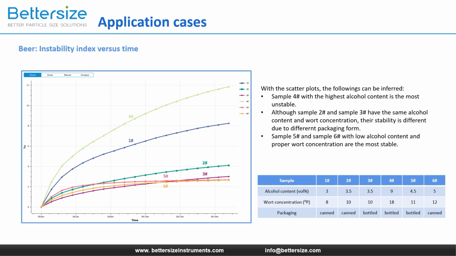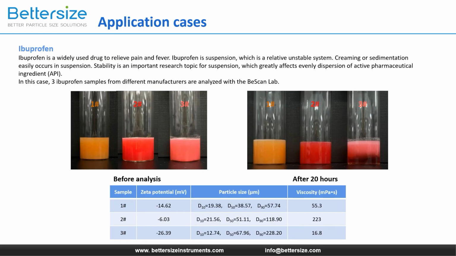The instability index of sample 4 is the greatest throughout the measurement period, followed by sample 1, which means sample 4 and sample 1 are relatively unstable systems, corresponding to the measurement results using hydrodynamic analysis. Sample 5 and sample 6 with low alcohol content and proper wort concentration are relatively stable systems since their instability indices change slowly.